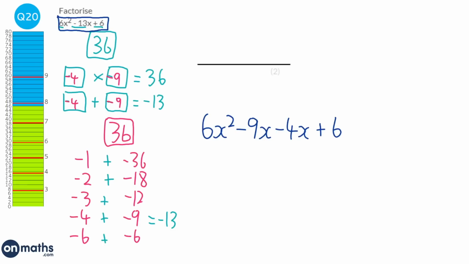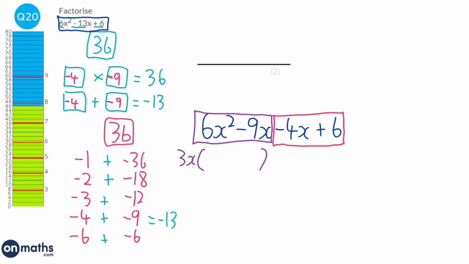So we're going to look at the first two terms, and we're going to factorise those linearly. And we're going to look at the second two terms, and we're going to factorise those linearly. So putting my bracket down, we actually realise that we can do a 3x here. And sometimes it's mostly just an x actually.